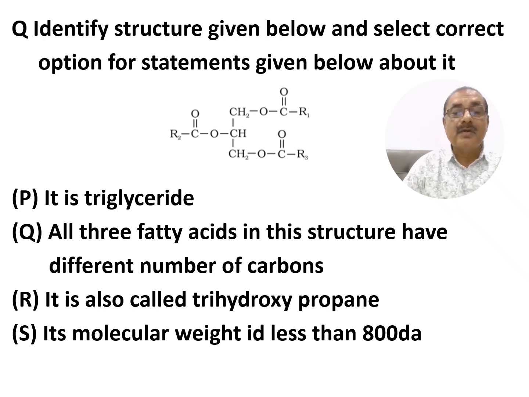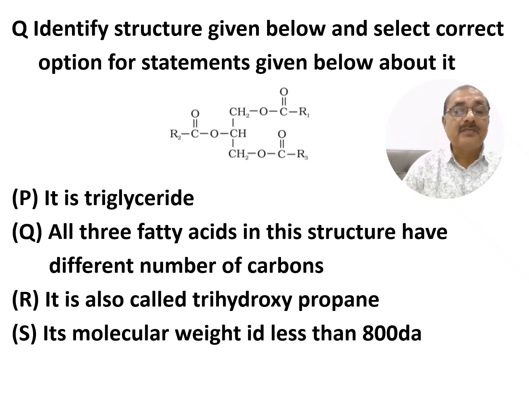R: It is also called trihydroxypropane. No, it is not called trihydroxypropane. Trihydroxypropane is glycerol. This is not glycerol. This is a triglyceride. So R is incorrect. And its molecular weight is less than 800 Dalton. Yes, its molecular weight is less than 800 Dalton.